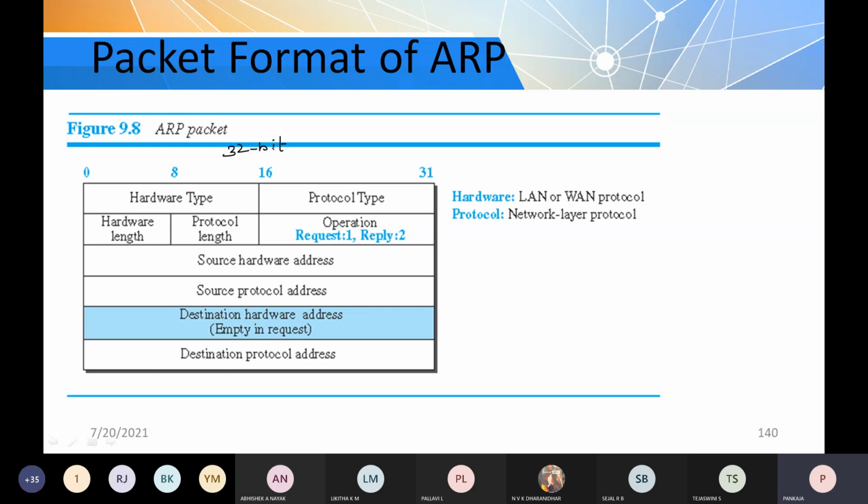Each field indicates a particular piece of information. The first field, 0 to 16, indicates hardware type. Hardware type indicates whether it is a LAN or a WAN protocol. And what is the protocol we are using? That protocol type is specified in the second field.